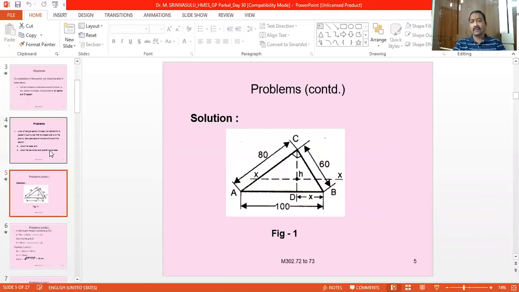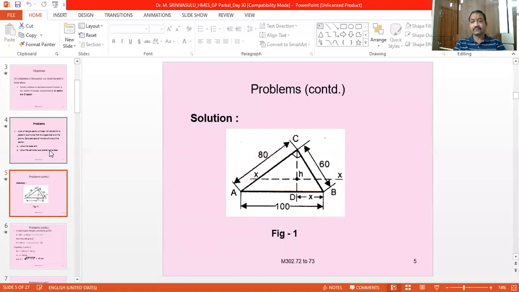The triangle has three sides, 100 mm, 80 mm, and 60 mm, and the longest side, 100 mm, is on the ground or horizontal. Here ABC is the given triangle: AB is equal to 100 mm, AC is equal to 80 mm, and BC is equal to 60 mm.